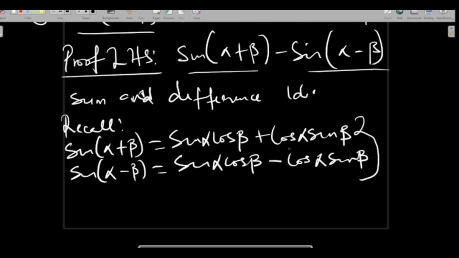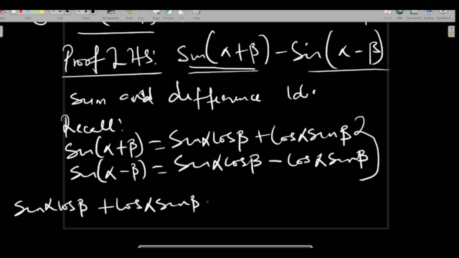Now we're going to replace them with their corresponding values. So for the first one, sine alpha plus beta in a bracket, we have sine alpha cos beta plus cos alpha sine beta.